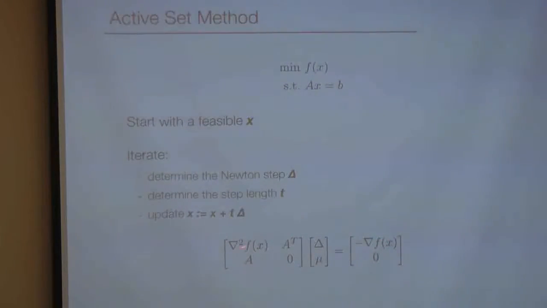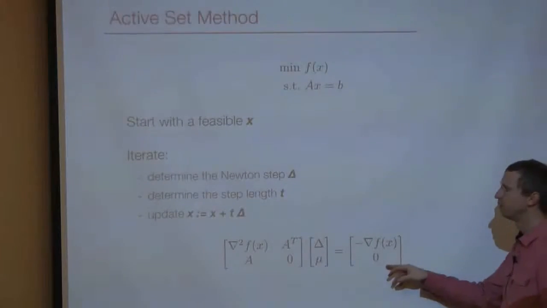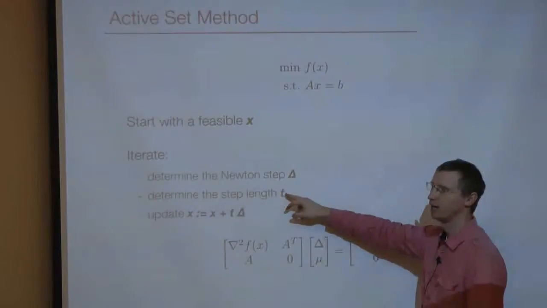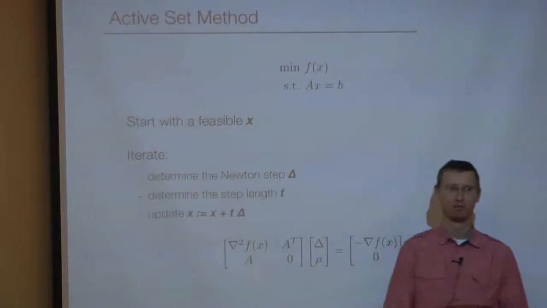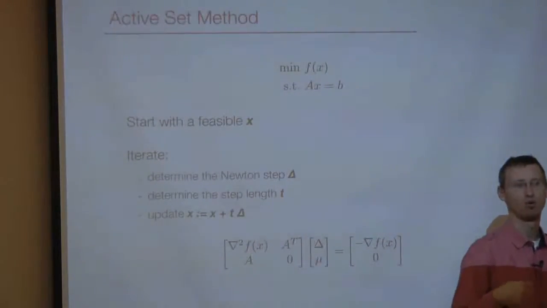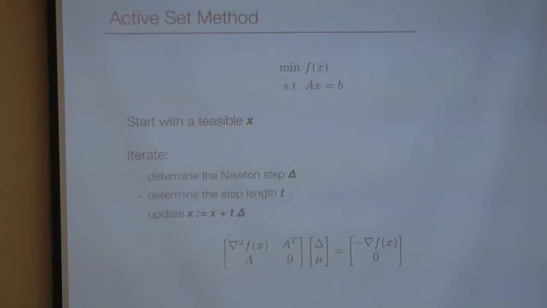We are essentially taking the Taylor approximation of the value function and then setting the derivative of the Taylor approximation equal to 0. Once we have the Newton step, we also need to determine the step length such that we can update the solution to some new value. So we are iteratively improving our solution.